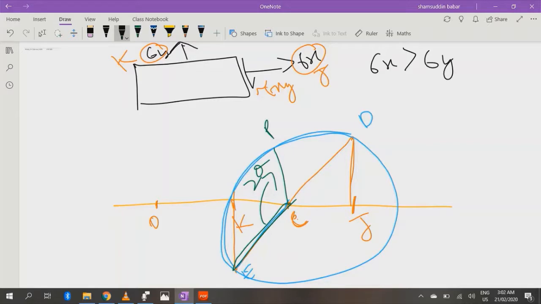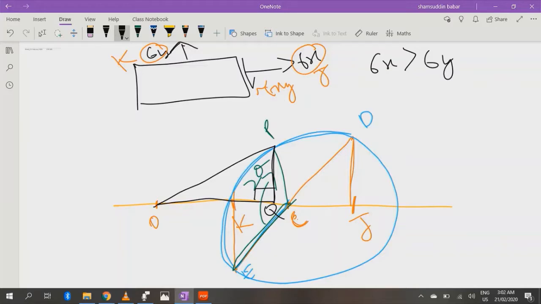Now drop a perpendicular from this point P, perpendicular to the OC line. Now mark it as point Q. So we have 3 lines: OP, PQ and OQ.